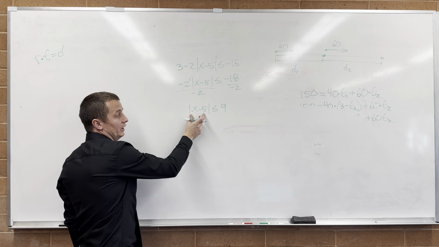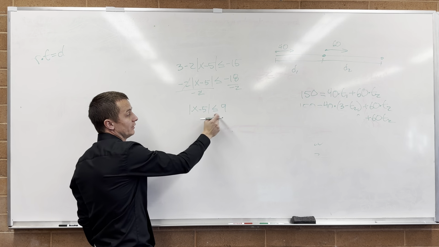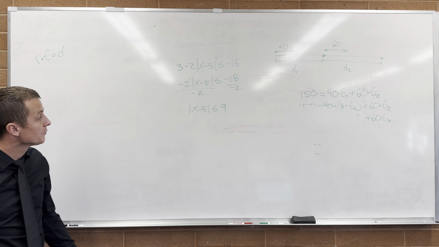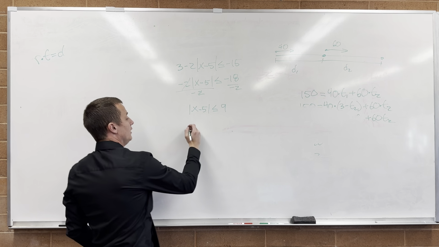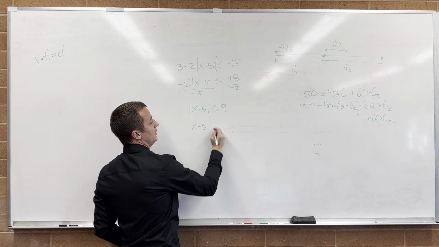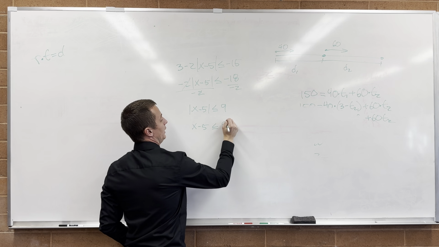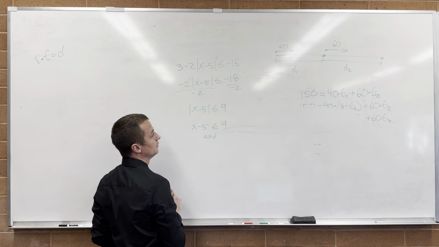Okay, so now I know the absolute value of x minus 5 is less than or equal to 9. Now we can break that up into 2 inequalities, right? If the absolute value of x minus 5 is less than or equal to 9, then x minus 5 is less than or equal to 9, and what's the second one?